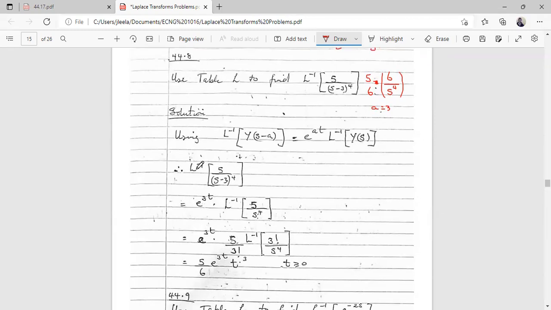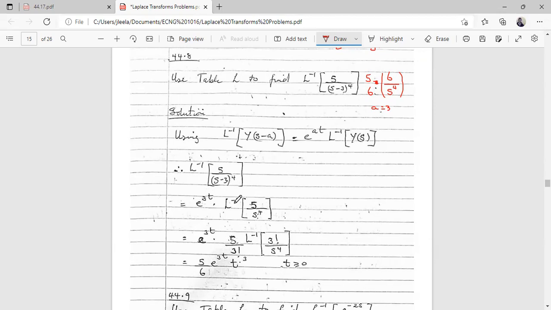So look at what we're doing here. We take the Laplace inverse of 5 over S minus 3 to the power 4, and we use this property here. Your a here is 3, so e to the 3t times the Laplace inverse of 5 over S to the power 4, because when you apply the shift property, it gets rid of this a.